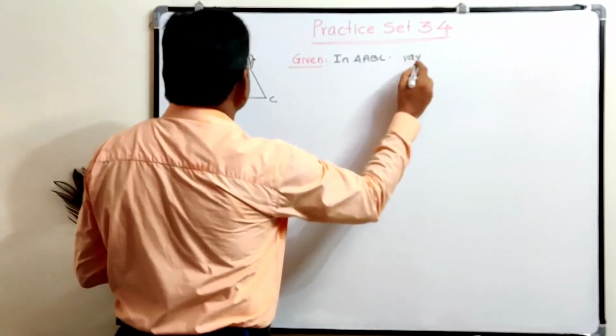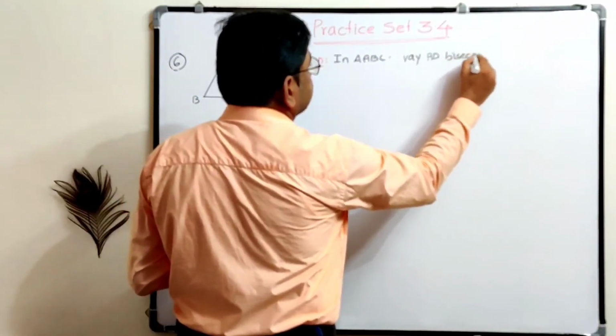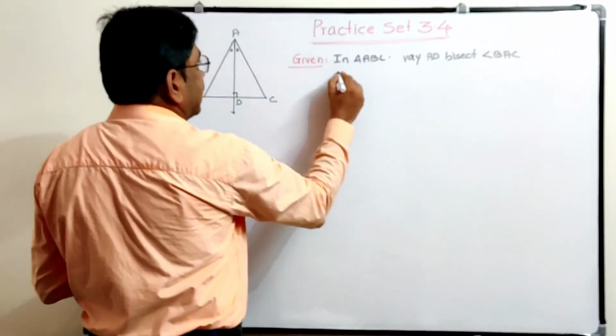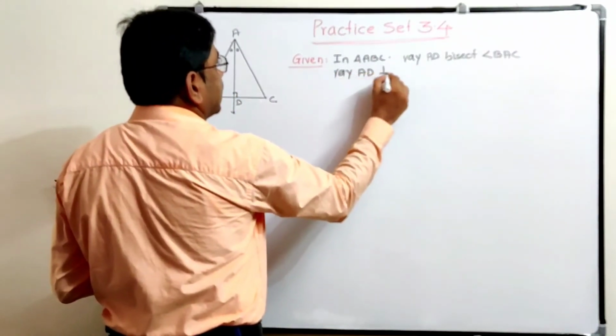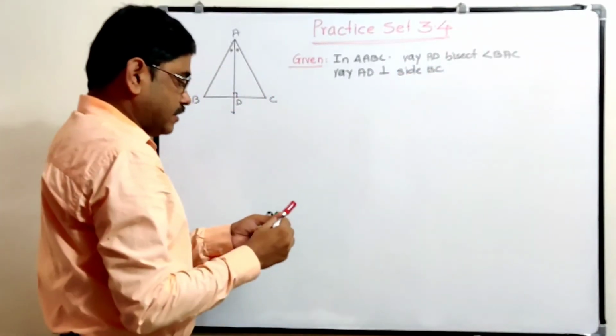In triangle ABC, ray AD bisects angle BAC, which means it is the bisector, and ray AD is perpendicular to side BC. That is given. Then what we have to prove?